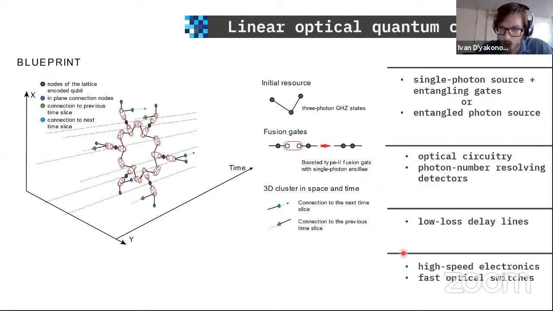And last but not least, we need some high-speed electronics to process all the information about the successful operation of fusion gates, make decisions on which switches we need to turn on and off, and also we need fast optical switches, which I decided to give their own place regarding the optical circuitry.